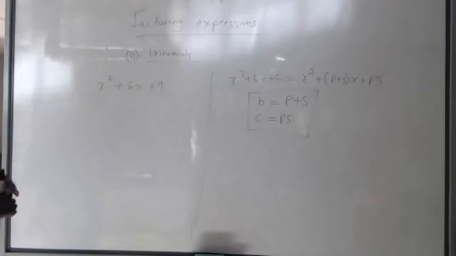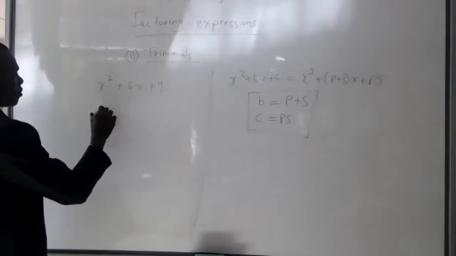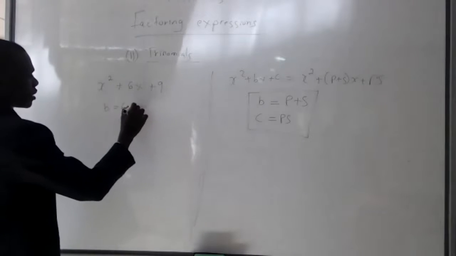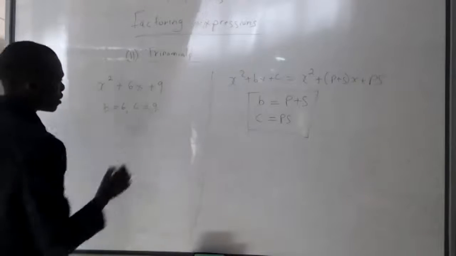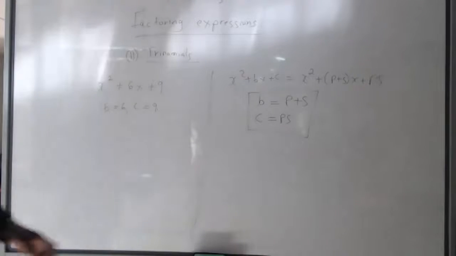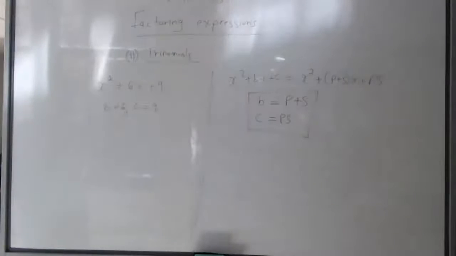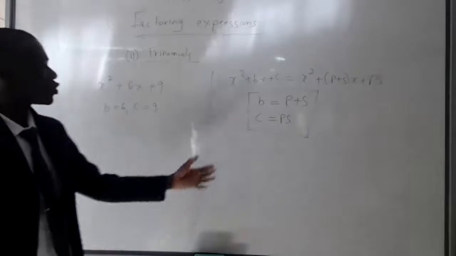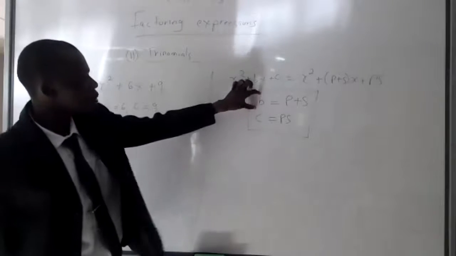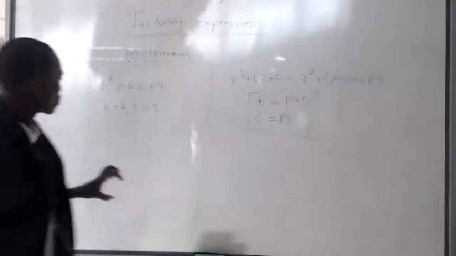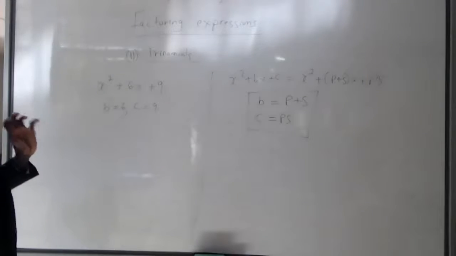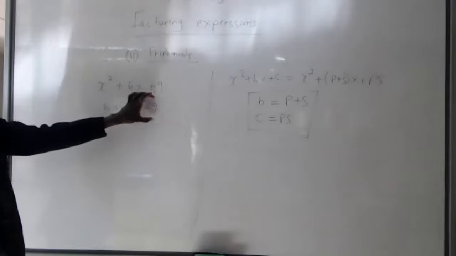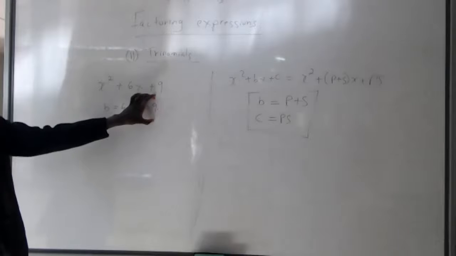In this case, b is 6 and c is 9, because your general form is x squared plus bx plus c. We are looking for two numbers whose sum is 6 and product is 9.